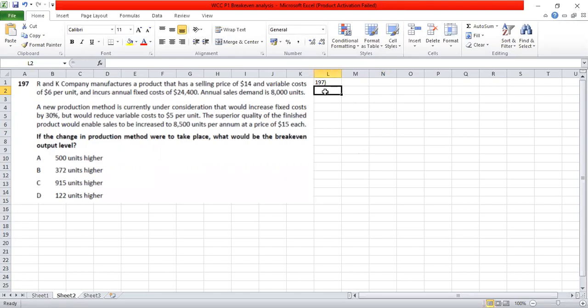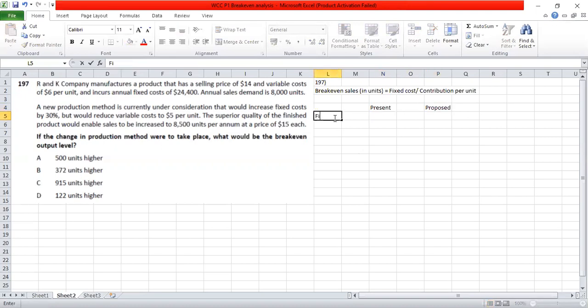The equation we have to use is break even sales in units is equal to fixed cost divided by contribution per unit. We can have it in a columnar form, that is present, then have it proposed.